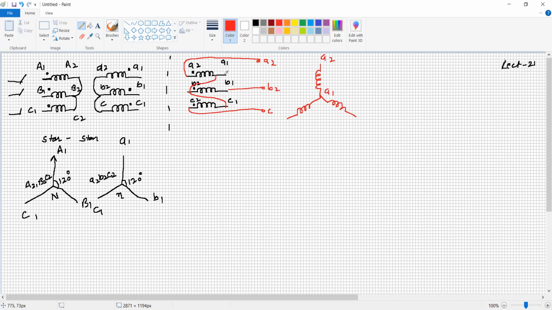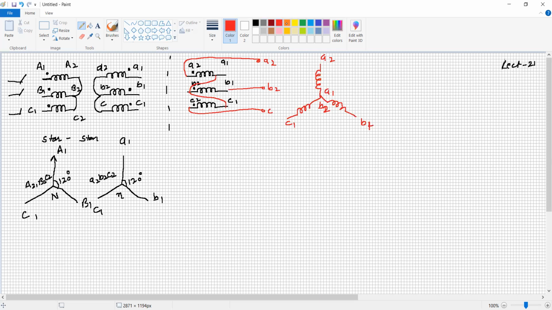Similarly, A1 is connected to B1, so this is B1. This is terminal B2, and this terminal is B1, and in this way this is C1.